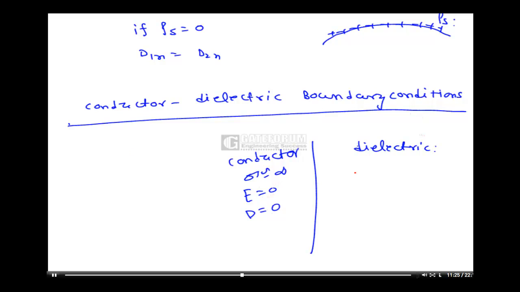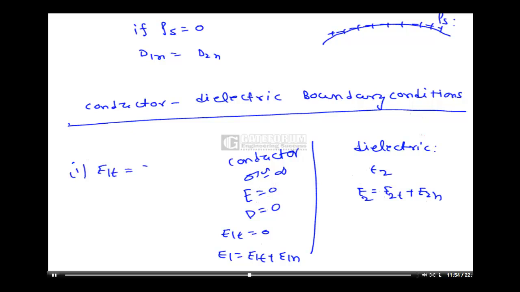That is, here E1t is equal to 0. The dielectric has some permittivity epsilon 2. E2 is equal to E2t plus E2n. E1 is equal to E1t plus E1n. But E1t is equal to 0. What is the first boundary condition?